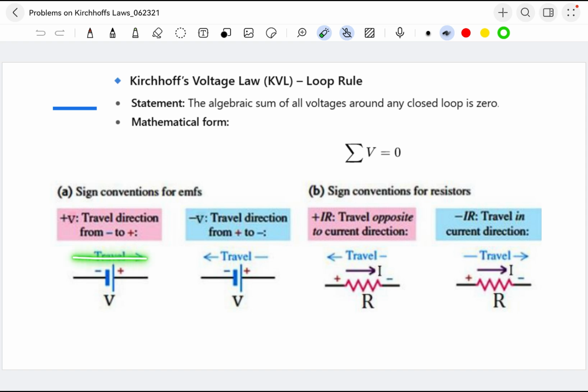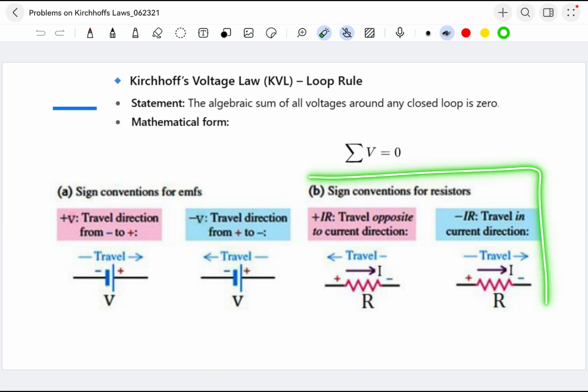Suppose we are going from low potential of the battery to high. In this case, we should take it as the potential rise, voltage rise. Suppose in the second case, we are moving from high potential to low potential of the battery. In this case, it is a drop in the potential, that is voltage drop, so we should take it as negative.